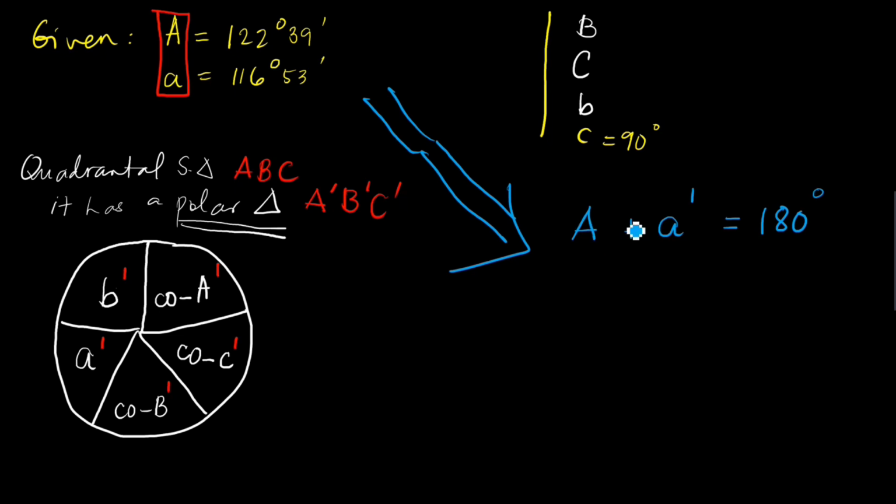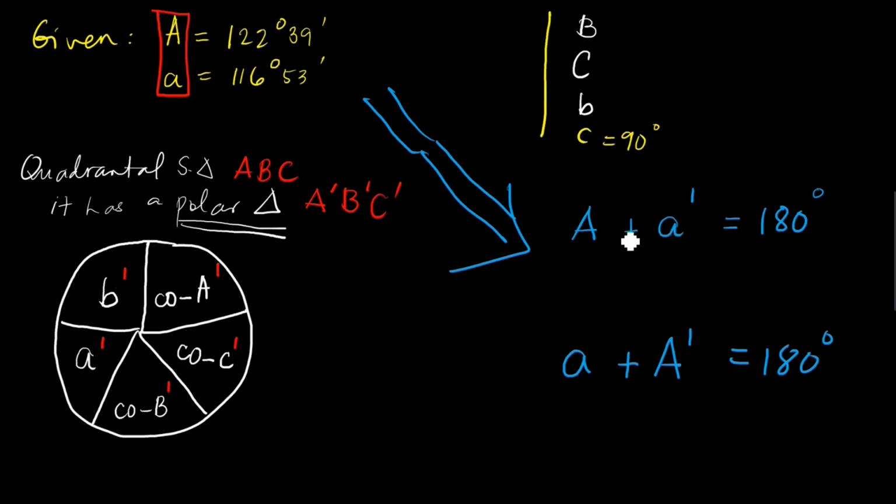So big A plus small a prime. Then the other one, if we have small a, its supplement is a big A. But since the small a doesn't have prime, the other one will have prime. That is equal to 180 degrees. And then after this, we can already solve for the a prime, the small a prime, and then the big A prime. So let us solve.